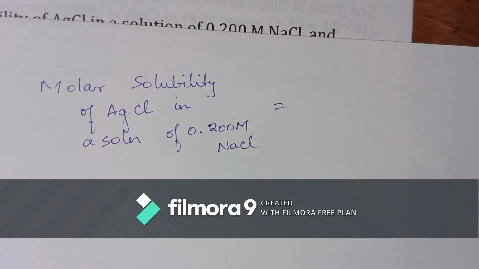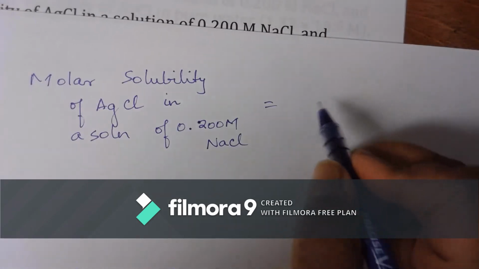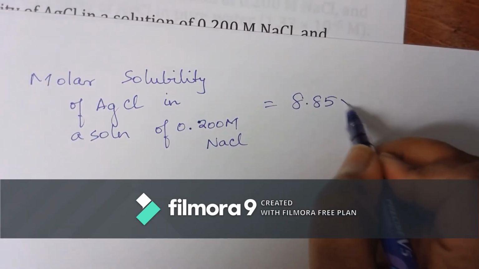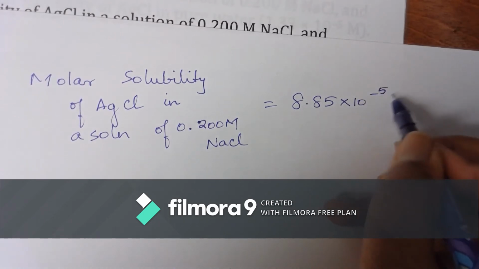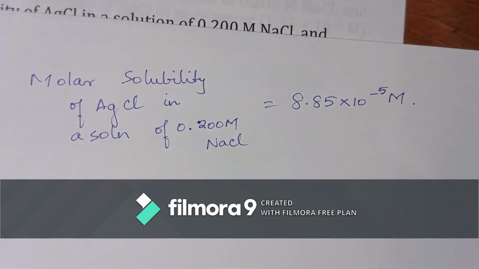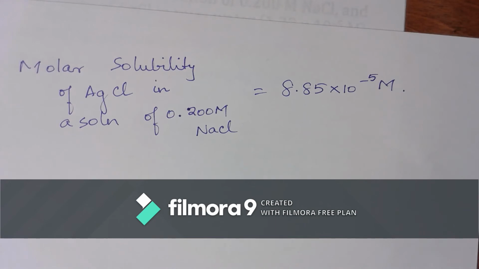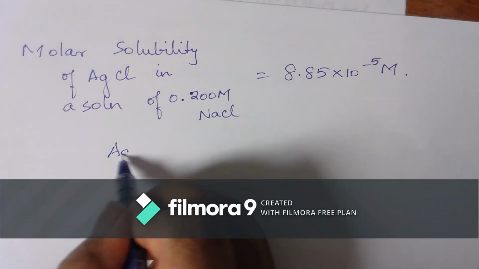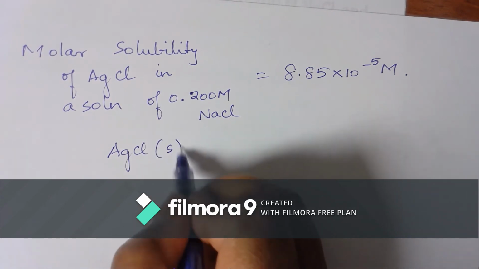Got that? And this is the x that you calculated, which is 8.85 times 10 to the negative 5 molar. So you had the common ion. All right. So you have AgCl, solid.